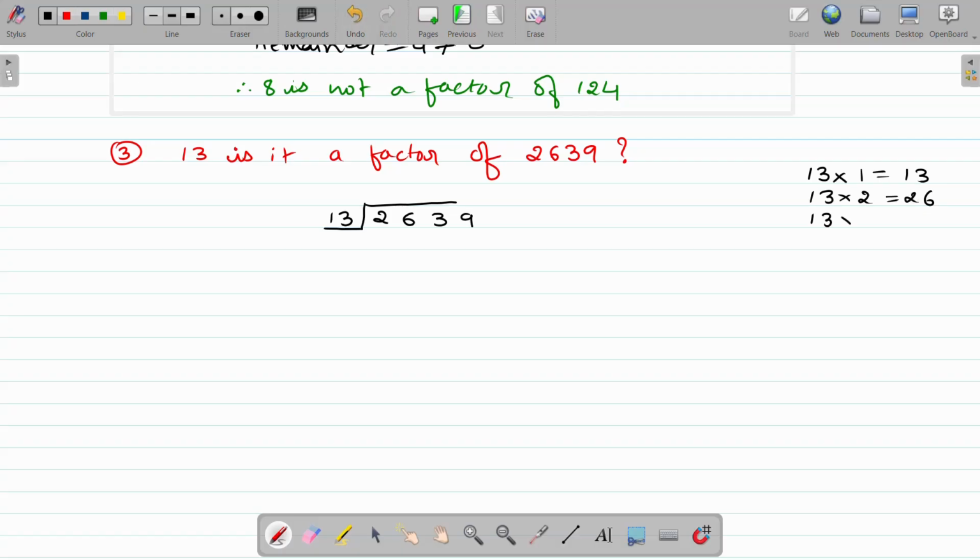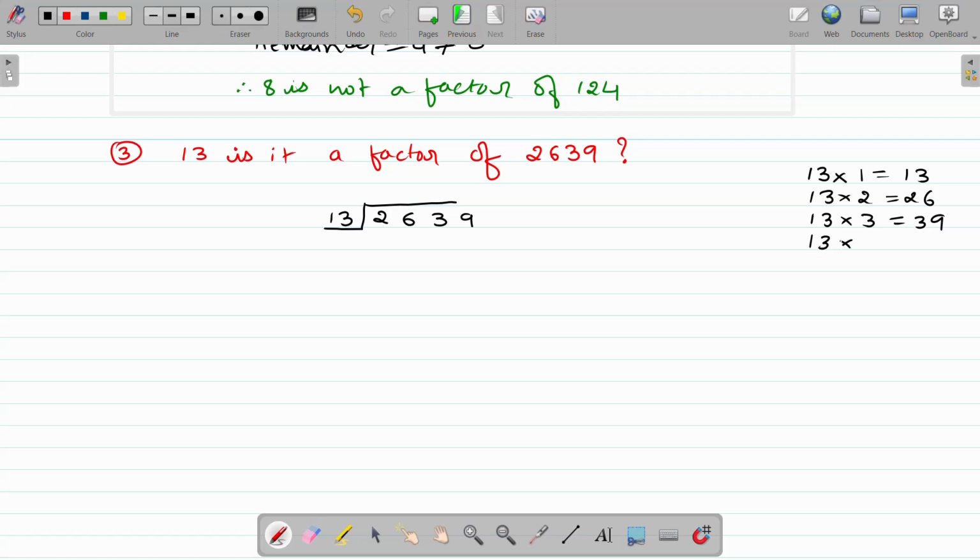Next is 13 into 3. We do the same: 3 into the 1's place digit 3, 3 threes are 9. 3 into the 10's place digit 1, 3 into 1 is 3. That is, 13 threes are 39.